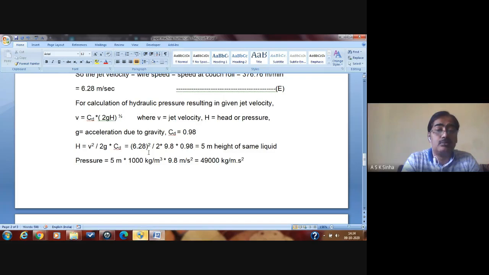You can do the calculations depending on different parameters and see the values here. Zero 0.98, so it's coming 2.05 meter nearly.